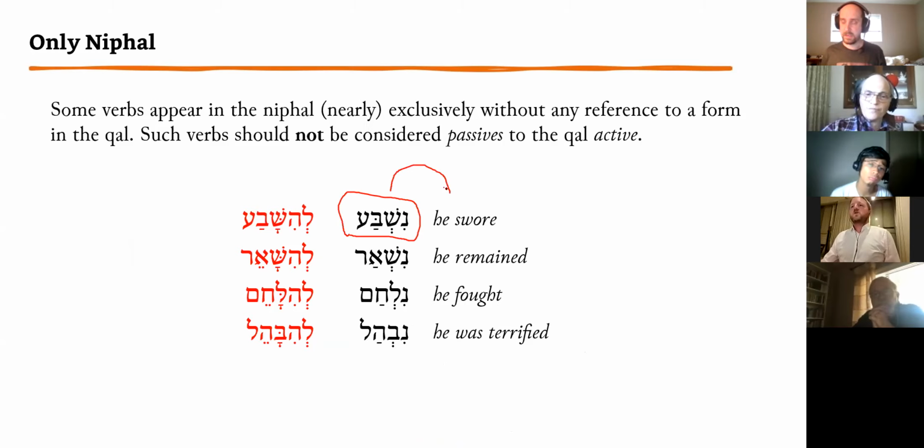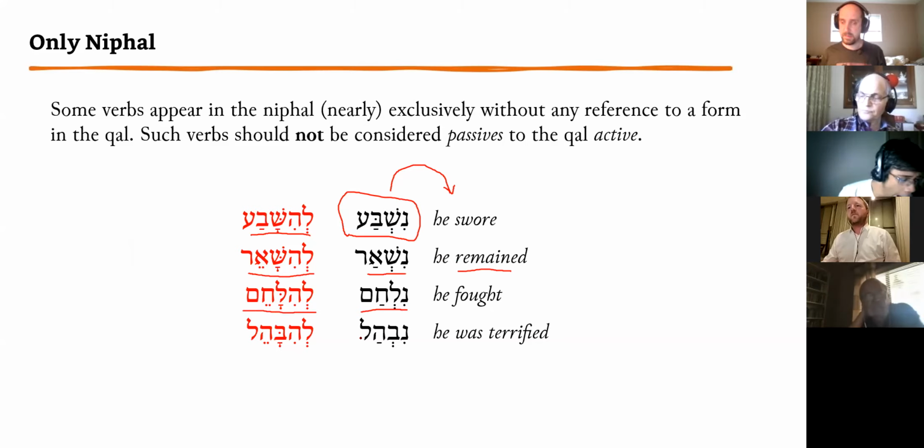The Lord swore to give the land to his people. Nishba. The infinitive is lehishava, to swear. Lehishava. Nish'ar, lehisha'er. This is remained or was left. Nilcham, he fought. Lehilachem. Niphal, to be terrified.